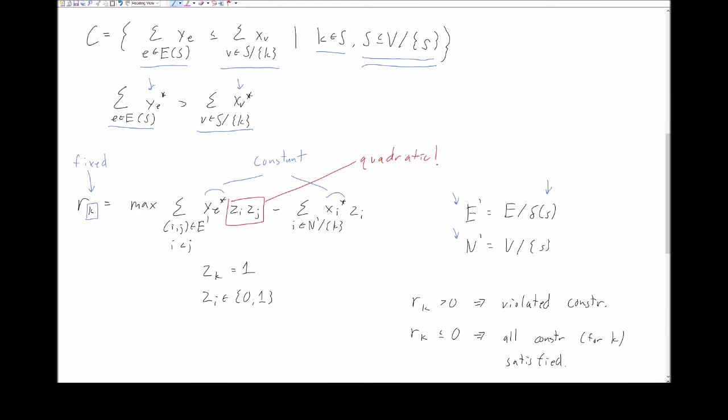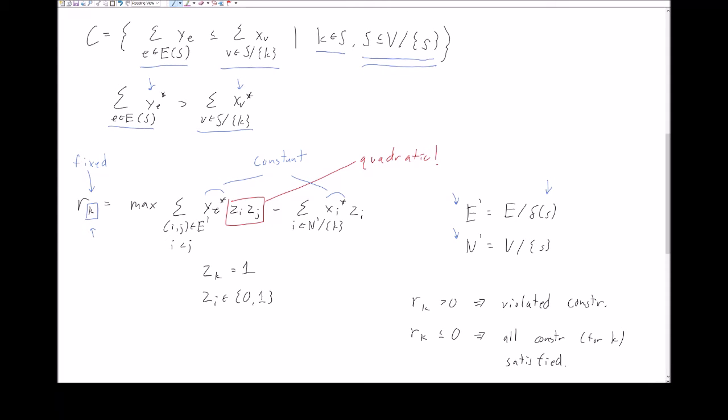Our quadratic program is going to fix the node k that is removed from our set S. To solve this separation problem more generally, we would iterate over all k's. Because there's at most n different possible values for k, we can solve this particular separation problem, where k is fixed, n times, in order to solve the separation problem in the most general way.